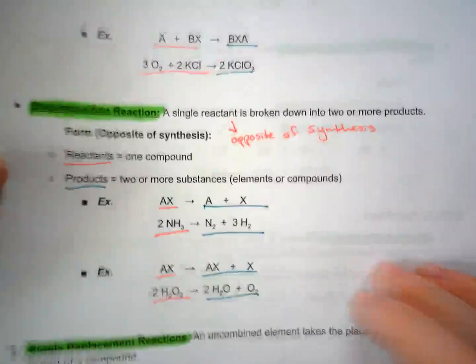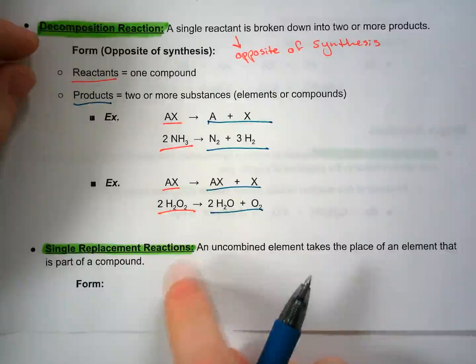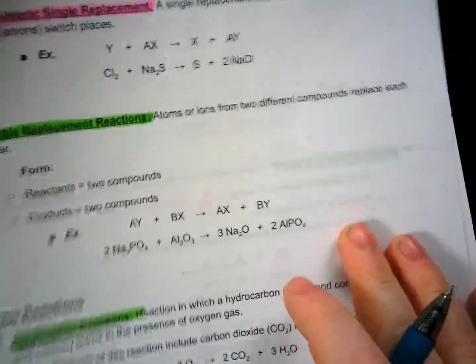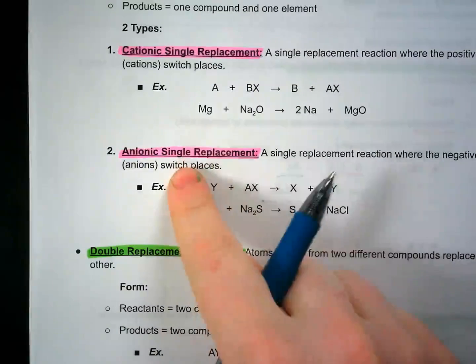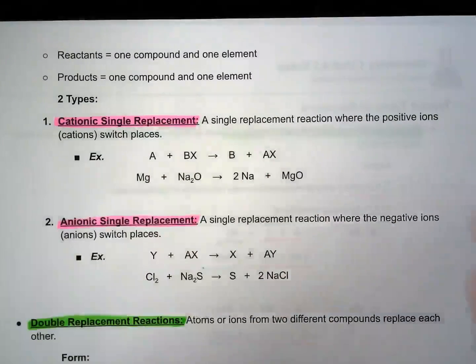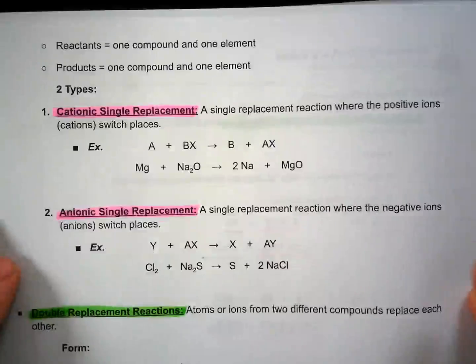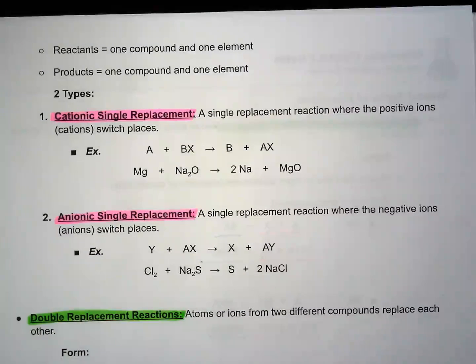Easy enough. Here's, again, what we're going to be really focusing on because, I don't know why, but students have a lot of issues with remembering cationic versus anionic single replacement. Before we get into what the difference is, you've got to remember the cation is going to be the first listed ion in a compound.